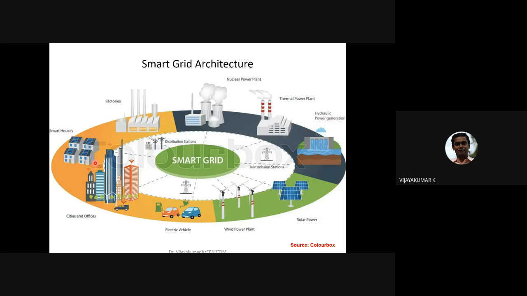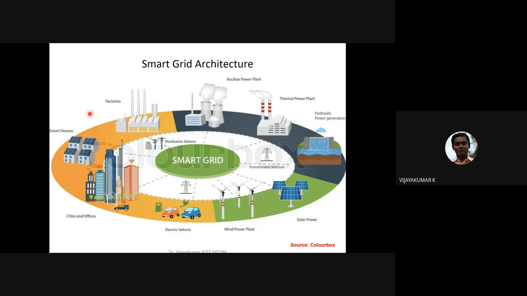Then you can have your own autonomous system to control all these devices based on the tariff price, right? Based on the tariff price, you can control all the loads. You can get to know when you need to switch on and when you need to switch off the devices in your home. Normally in electrical engineering, we call that technique a demand response management technique, or simply DRM, demand response management.